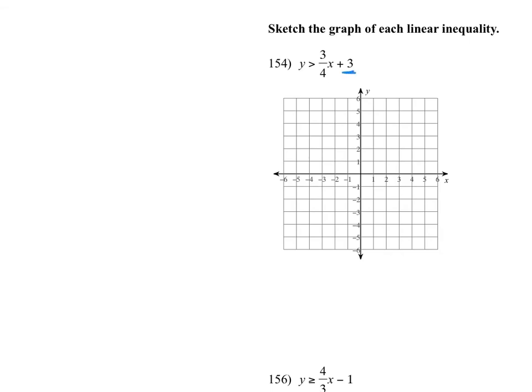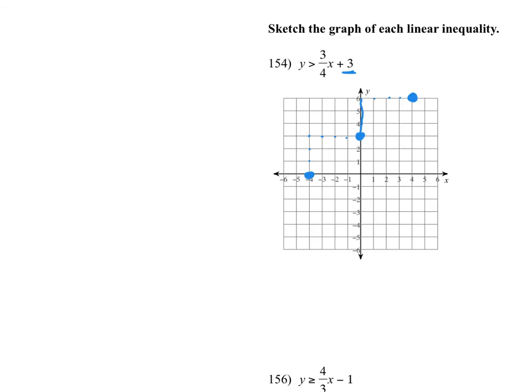So I'm going to start at 3, and I'm going to plot that dot. And because 3 over 4 is positive, I'm going to go up 3, 1, 2, 3, over 1, 2, 3, 4. So this would be my other point. Now I need 3 points, but there's no more graph on the right side. So let me go backwards and go 1, 2, 3, 4, 1, 2, 3. So this would be my point.